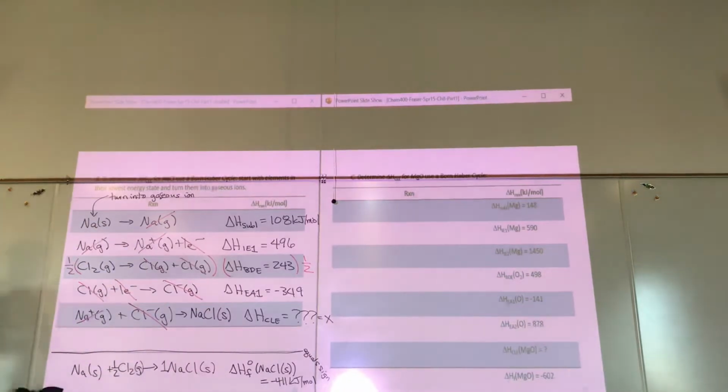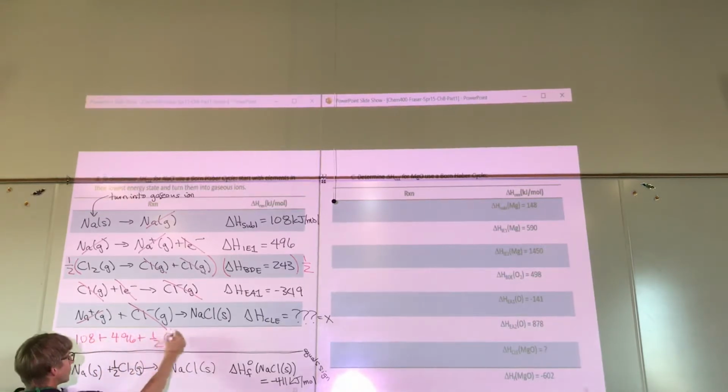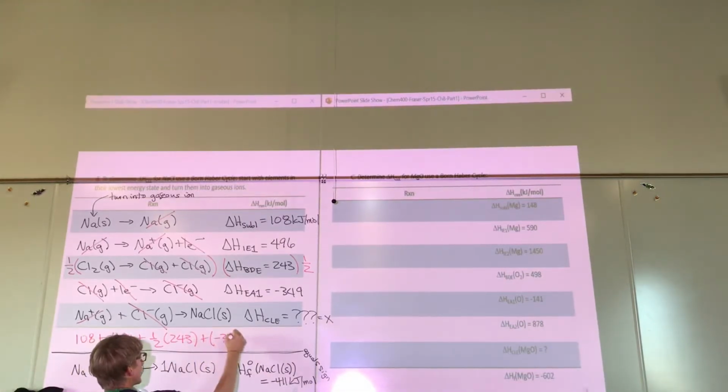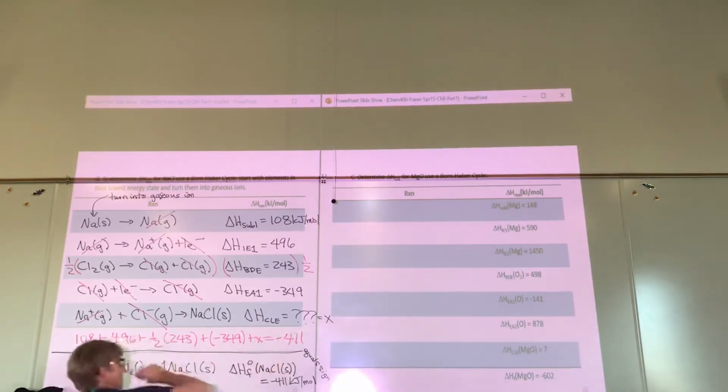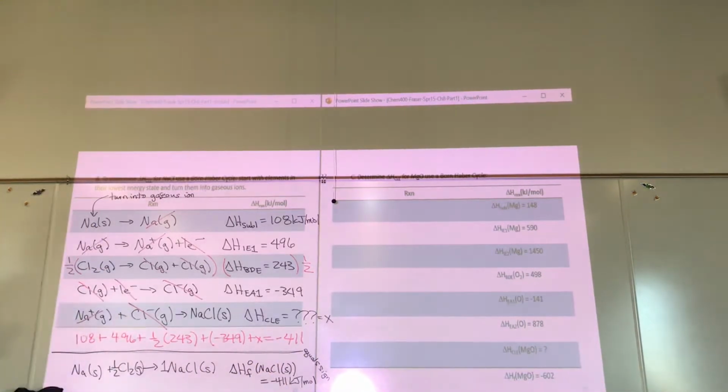I'll write that in this space here. I should look at my notes more often because I think this was supposed to be up here and this was supposed to be down there, but hopefully that's okay. And then you solve for x.